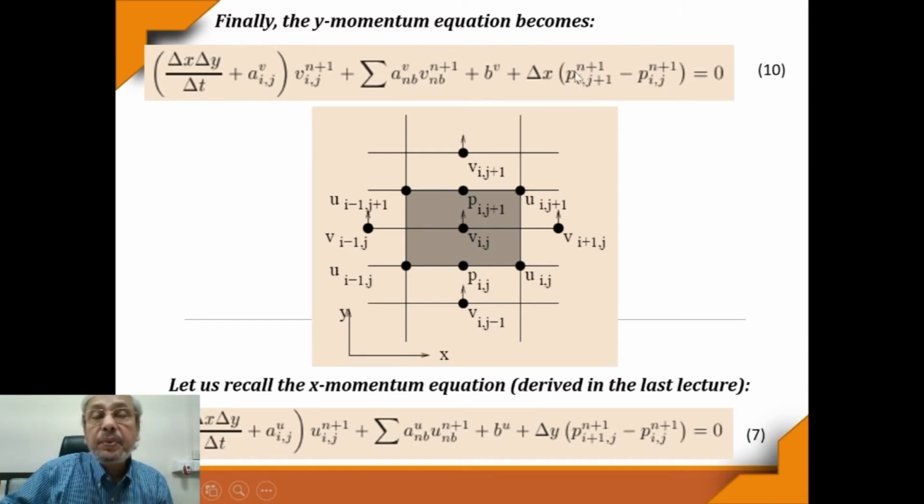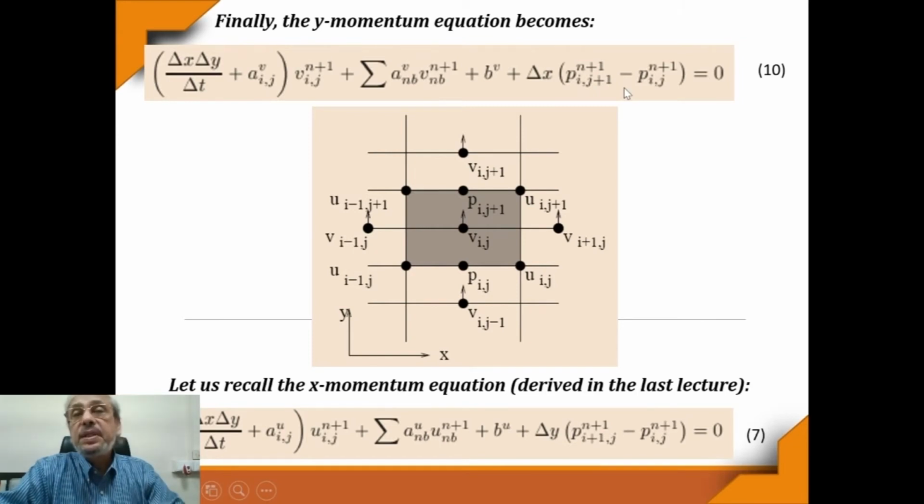We do not have pressure available at the level n plus 1. So these two equations in this form are difficult to evaluate, because pressures at the level n plus 1 are not known.